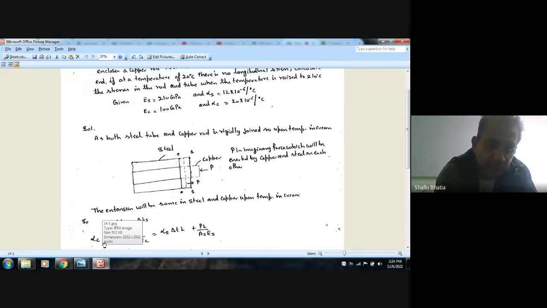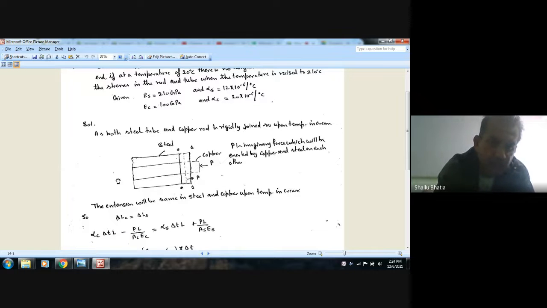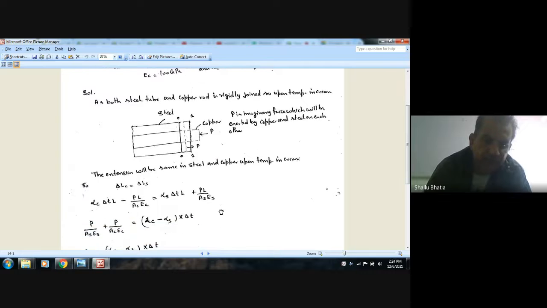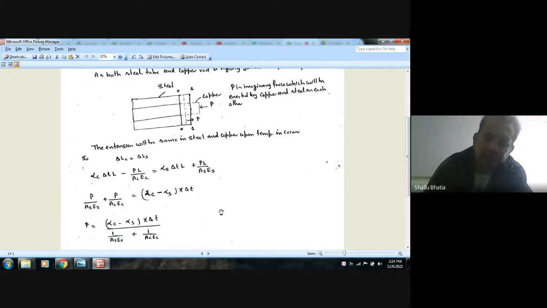So this alpha delta L will be due to thermal stress, and this minus PL by AC will be due to this P. Okay, so this alpha S delta L will be due to plus, and this will be due to this. Equating these two, we can find out P that we have found in theory article.